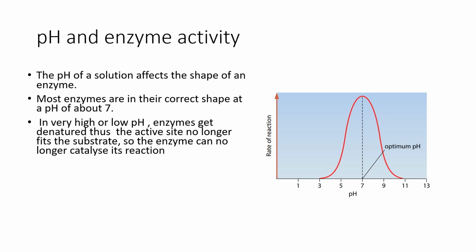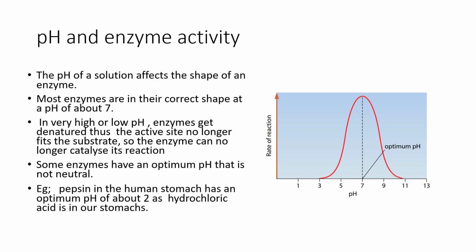So, the enzyme can no longer catalyze its reaction. Some enzymes have an optimum pH that is not neutral. Example, pepsin in the human stomach has an optimum pH of about 2 as hydrochloric acid is in our stomach.